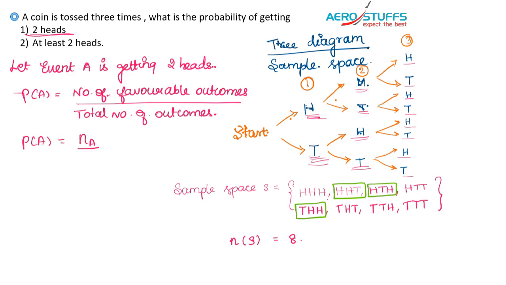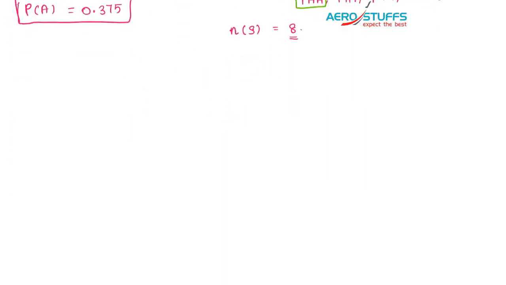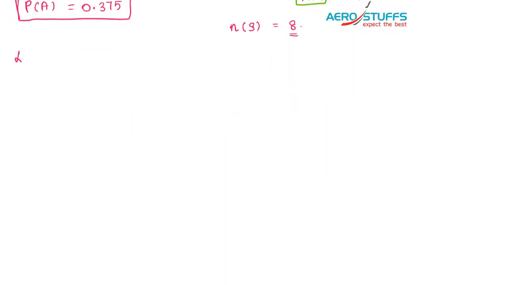Now P of A is equal to n of A divided by n of S. n of A means the number of outcomes that have 2 heads, which is 3. The total number of outcomes is 8. So P of A is equal to 3 by 8, that is 0.375. The probability of getting 2 heads after tossing the coin 3 times is 0.375.